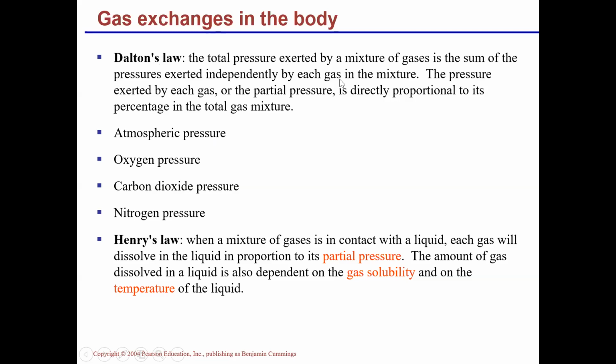This pressure is the sum of the partial pressures of all the different gases in this mixture. For example, in our air, we say the atmospheric pressure is 760 millimeters of mercury.